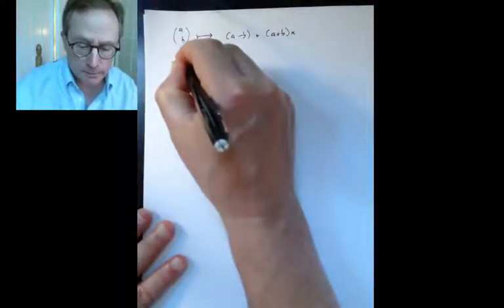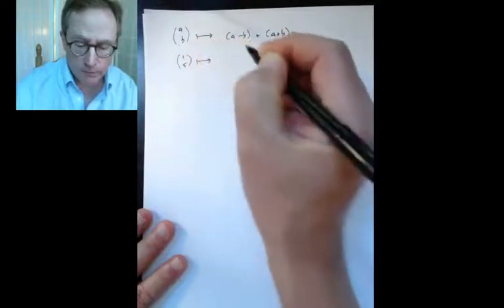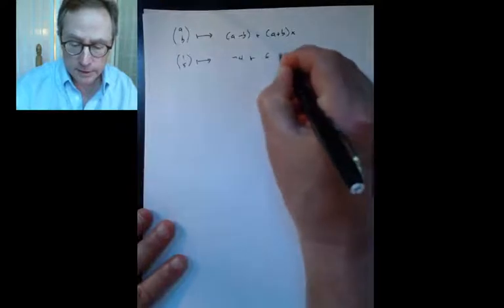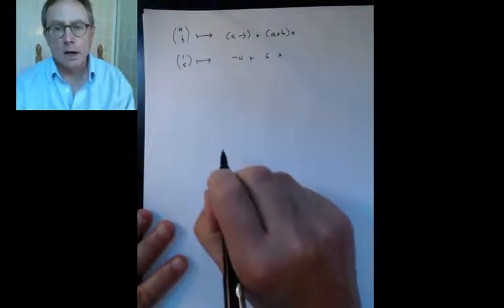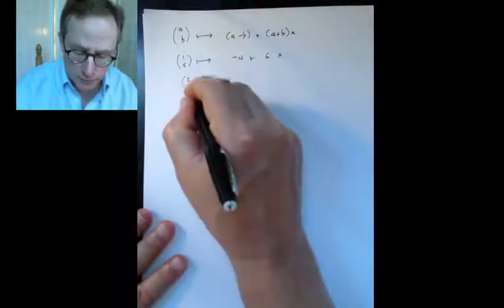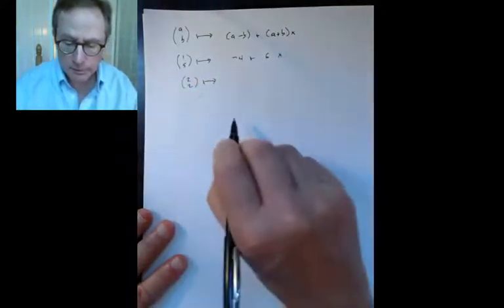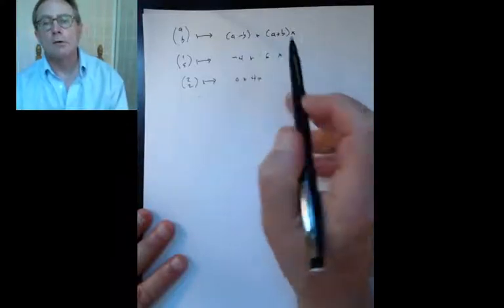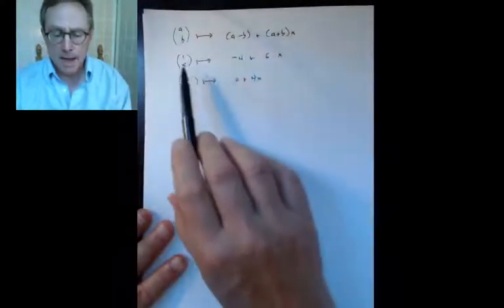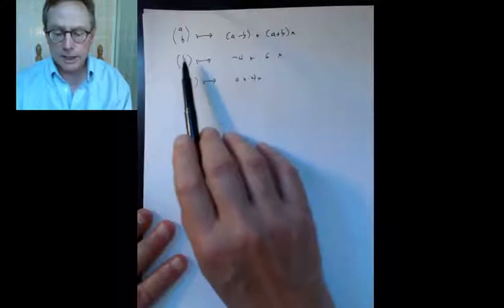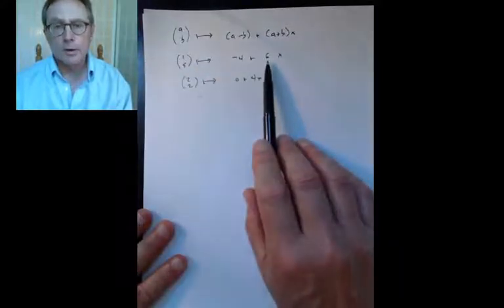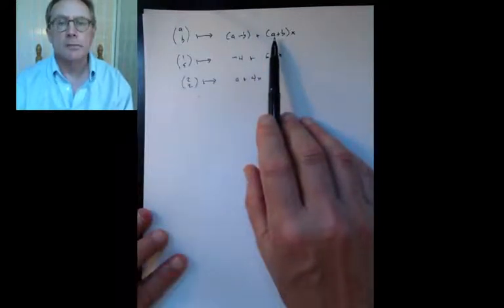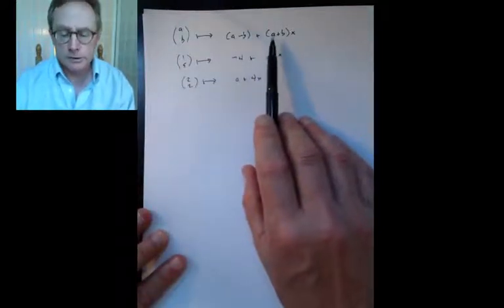So I'm going to put in some numbers: (1, 5) is associated with negative 4 plus 6x. (2, 2) is associated with 0 plus 4x. Okay. So all that's happening here is I'm mapping 2-tall vectors, associating 2-tall inputs with linear polynomial outputs, and it's a somewhat peculiar, but not unexpected, association. But okay, fine.